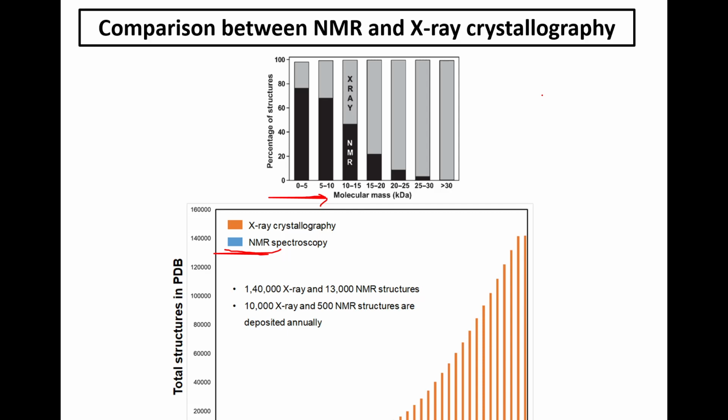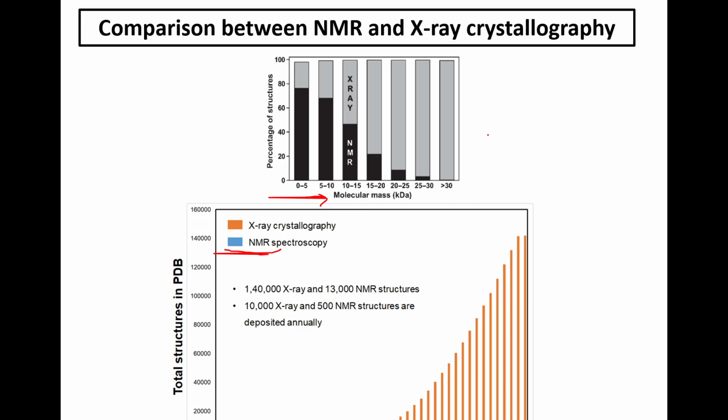This dynamic nature of the proteins can now be easily studied by NMR and also MD simulations. MD simulations we will be talking about in the latter part of this course. With the help of these two techniques, you can get the dynamic information associated with the proteins.